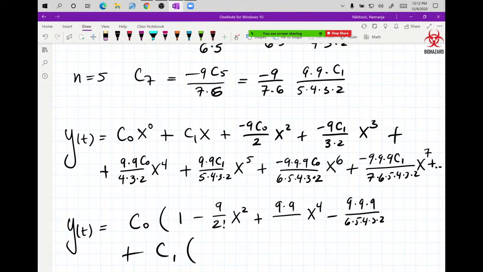You know what? That's a 4 factorial. That's a 6 factorial. x to the 6 plus 3 dots going forever.